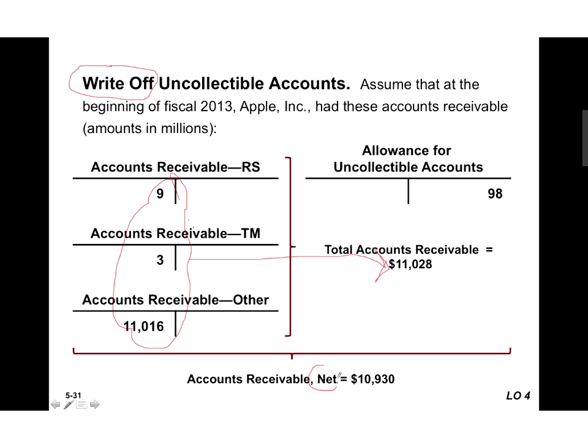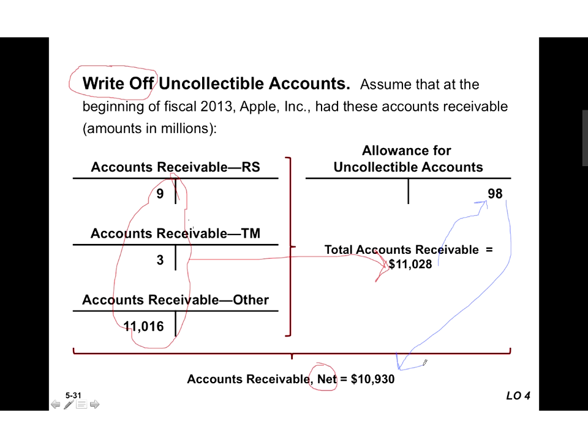Now the net accounts receivable will be this total accounts receivable minus 98, which gets us down to 10,930.